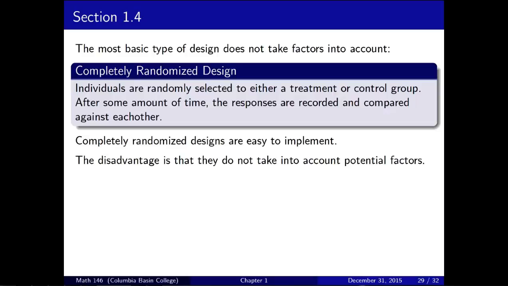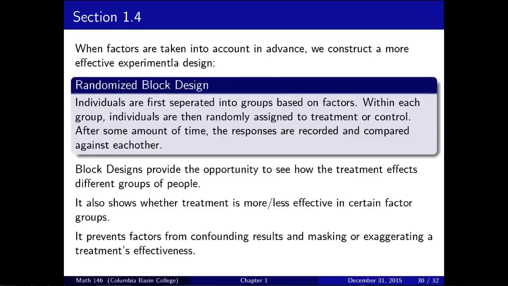So what we do instead is ahead of time we say, okay, I think there are some factors at play here, so I'm going to design a randomized block design. In a randomized block design, first we split our sample into groups based on those factors. Then within each group, we randomly assign treatments and controls. Okay. What the block design does is it provides you the opportunity to see how the treatment can affect different groups of people.